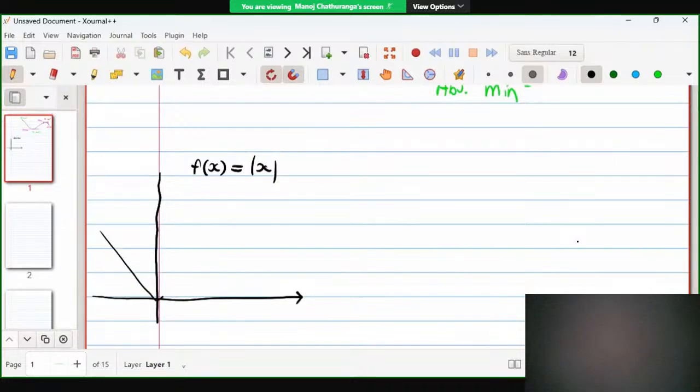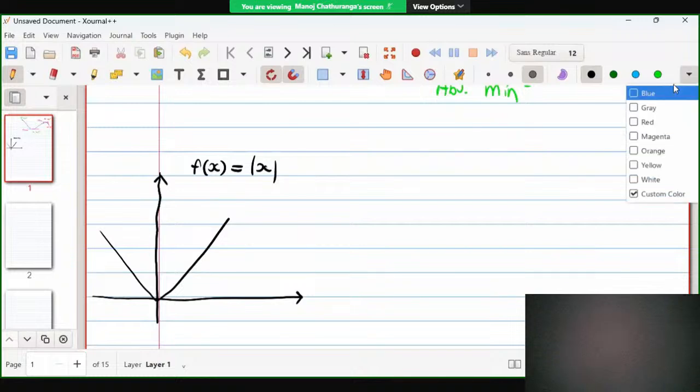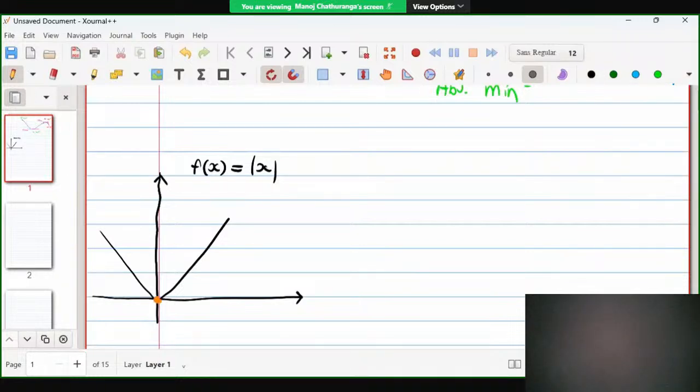The graph looks like this wedge shape, V shape, and it has a smallest value, or a minimum value, an absolute minimum at the origin, but at the same point we have a problem.